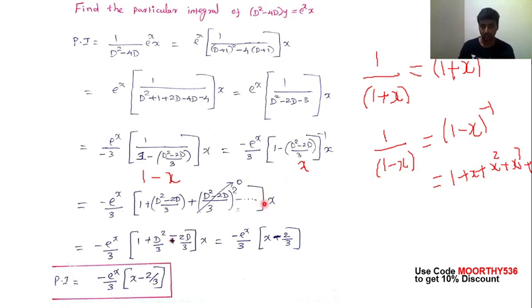Based on the x power n, we expand the binomial equation. Here x power n is equal to 1, so we have to start up to the d itself.